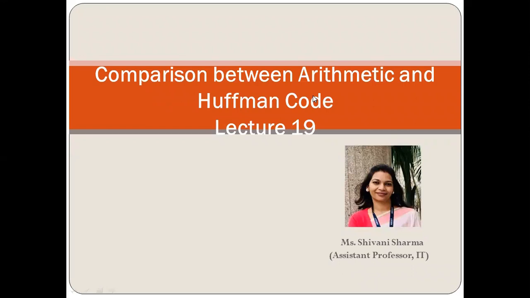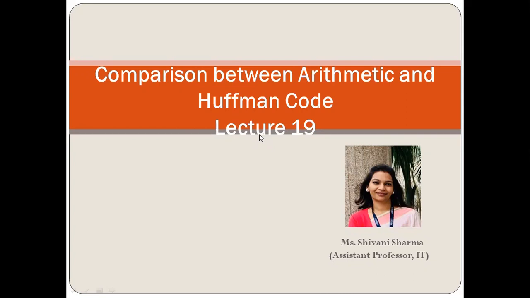So we are going to learn about the comparison between the arithmetic and the Huffman codes. That means we are all aware how we are going to generate the binary codes in arithmetic, and then how we are going to get the codes with the help of the Huffman coding technique.